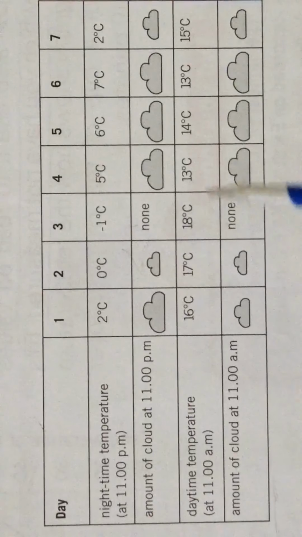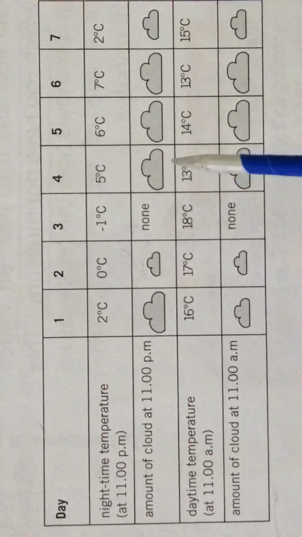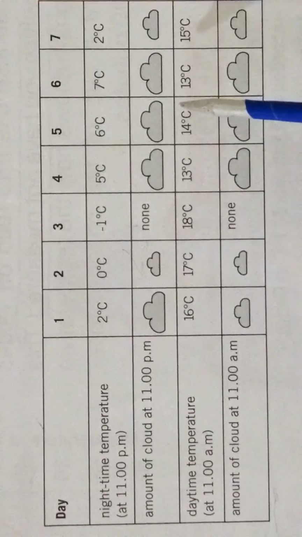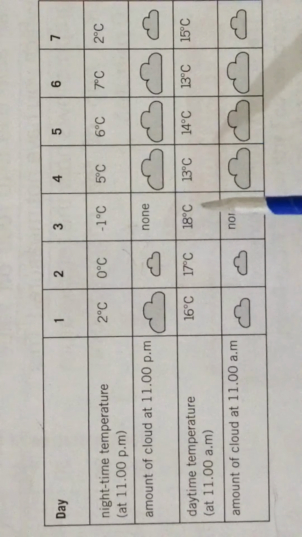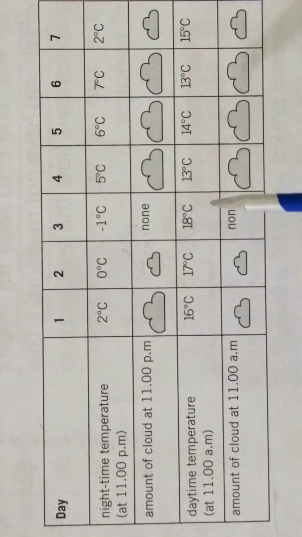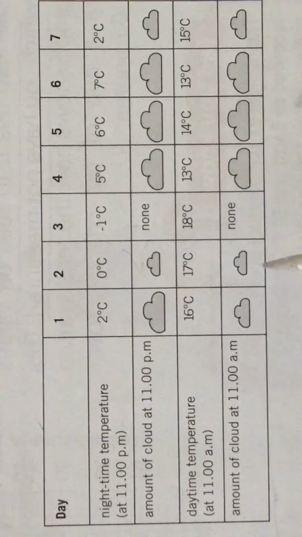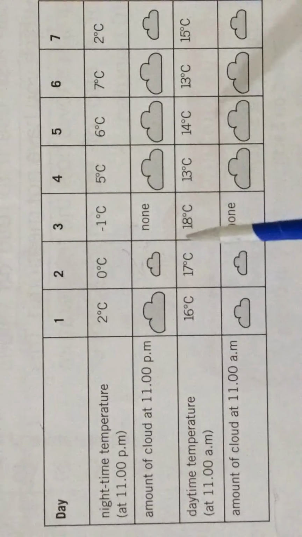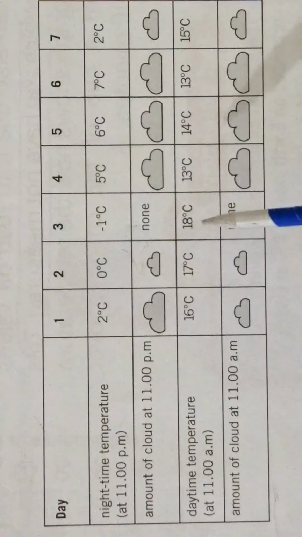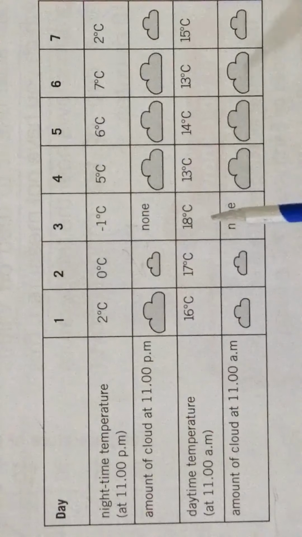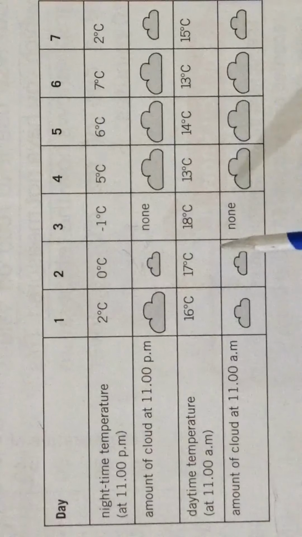Now the next question is, when was the temperature lowest? Temperature कब कम था? So we were able to find the answer in minus, because minus temperature indicates freezing point, and the freezing point normally occurs in the lowest temperature.